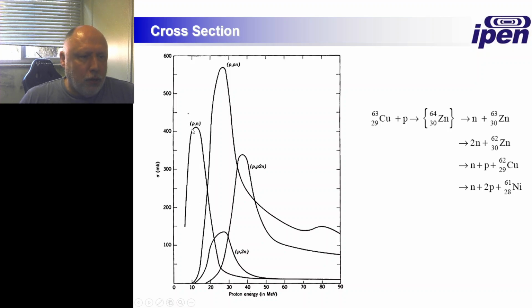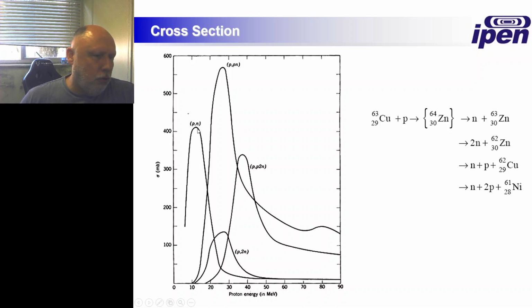As you increase energy, at very low energies this reaction doesn't happen, then the probability increases up to a point close to 10 MeV, and then starts to drop quickly, and all of a sudden this other reaction is more relevant, where you produce copper 62.